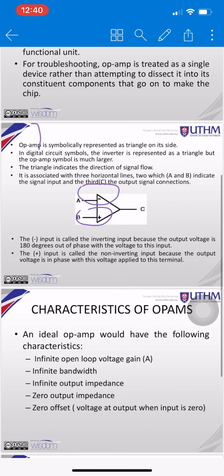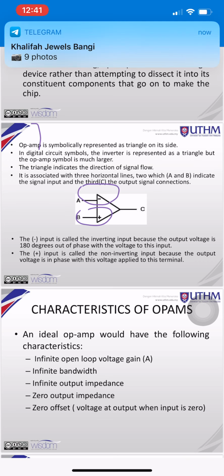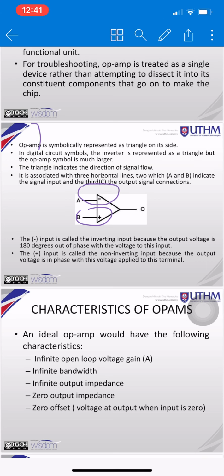There are 5 characteristics of the op-amp that we need to know. The first one is the open loop gain. The main function of the op-amp is to amplify the signal, either the current or the voltage. To function well, it must have a high open loop gain, so it is much better.